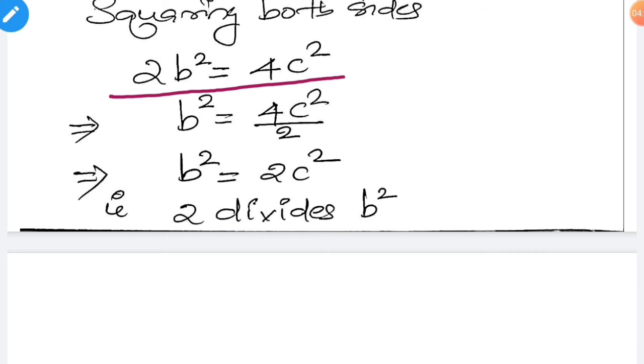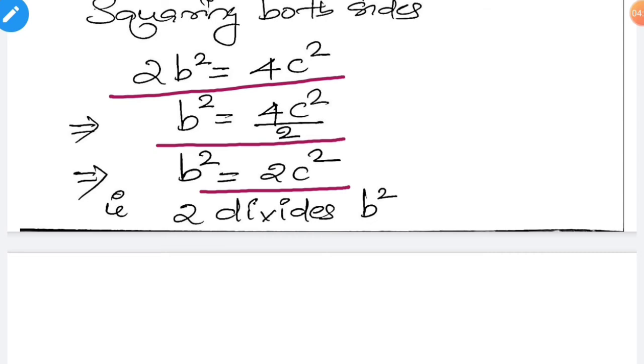Then b square equal to 4 by 2 c square. Just take this 2 to the right side. Then b square equal to 4c square by 2. What is 4 by 2? b square equal to 2c square.